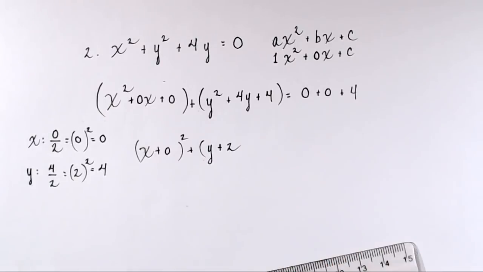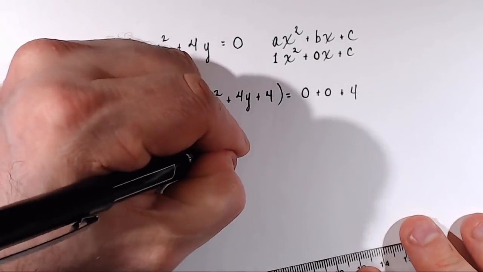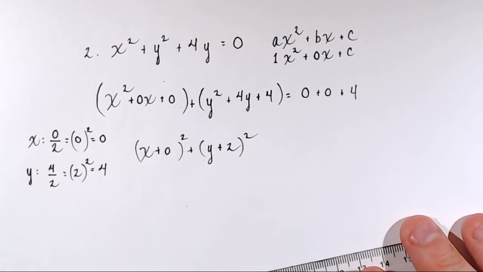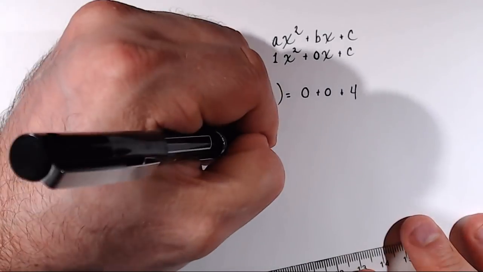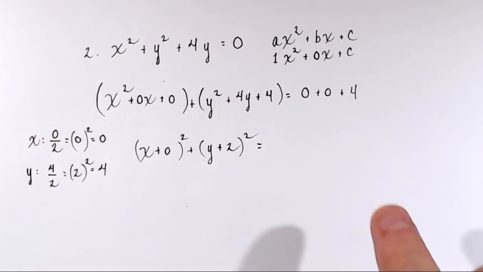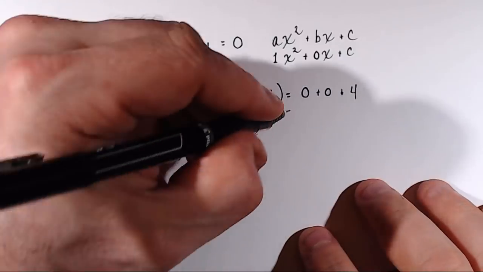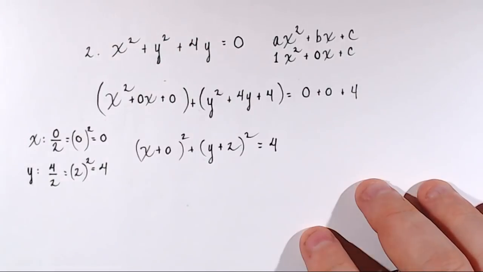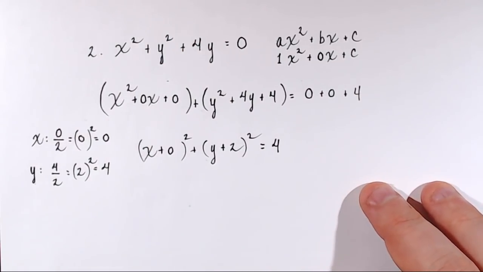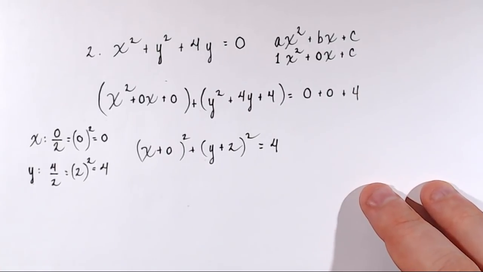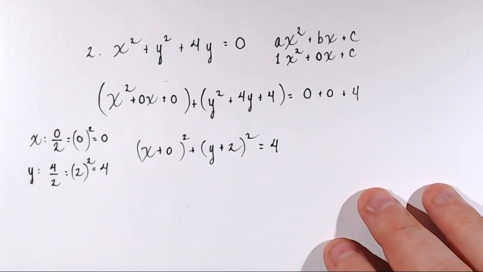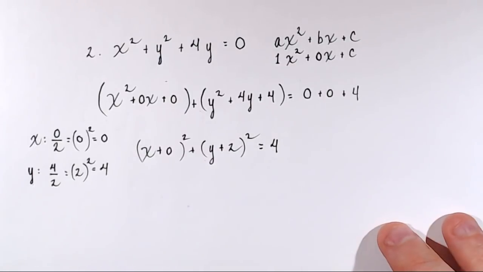So I see now that I've got the sum of two squares. And what does that equal? It equals 0 plus 0 plus 4, which is just 4. Okay? And now, we can say what the center and radius of the circle is.